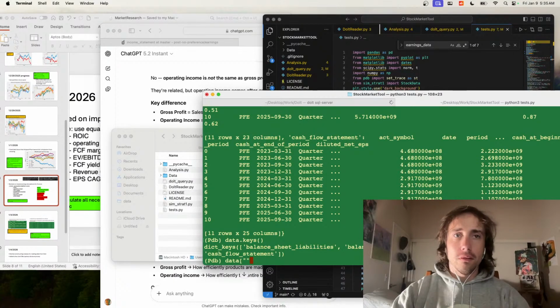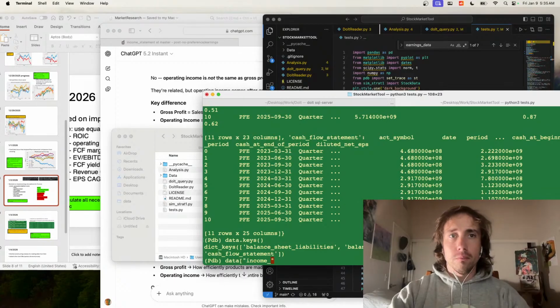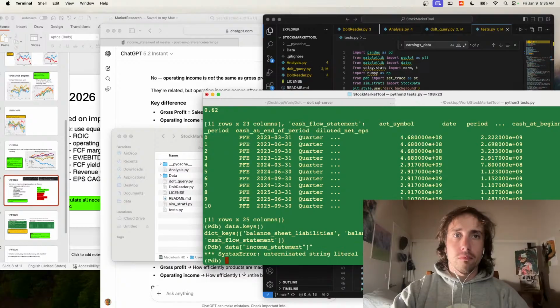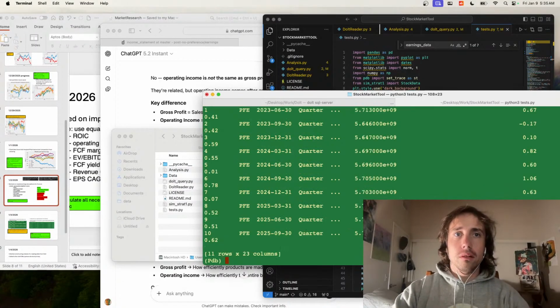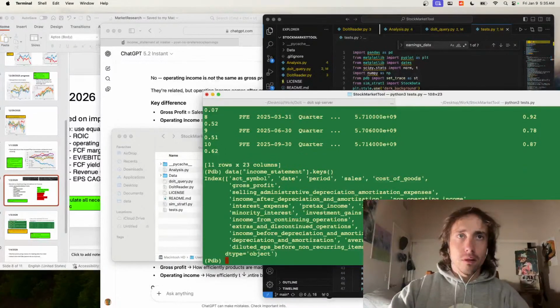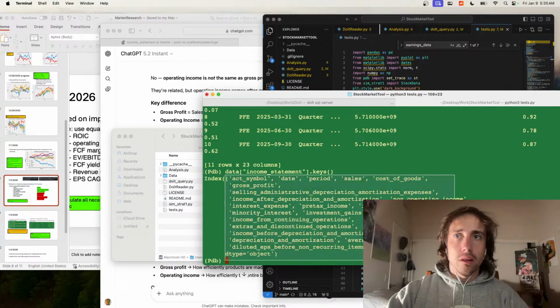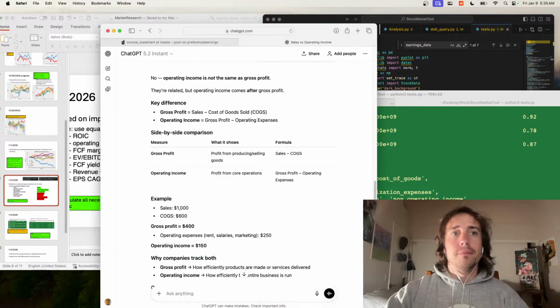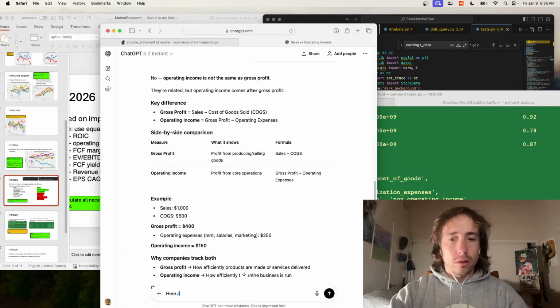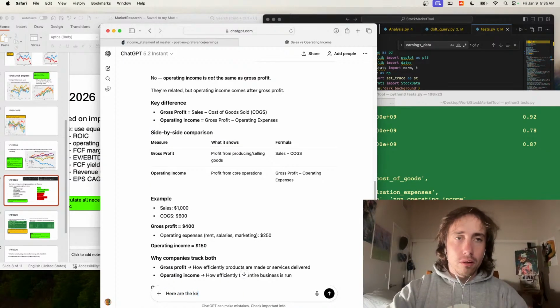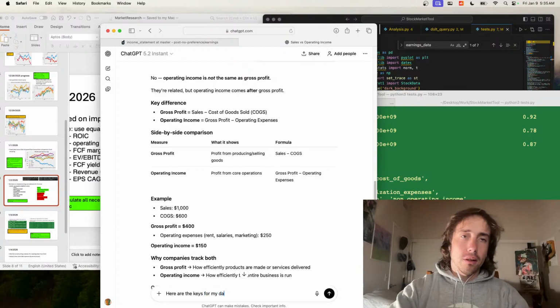Data of income statement. Keys. Now let's say here are the keys for my data.